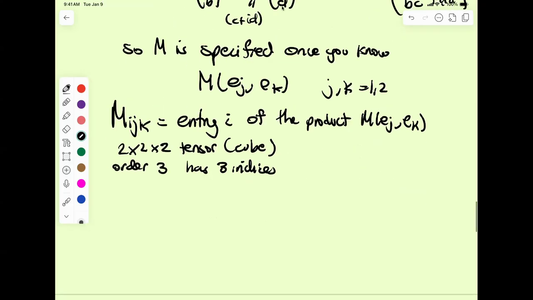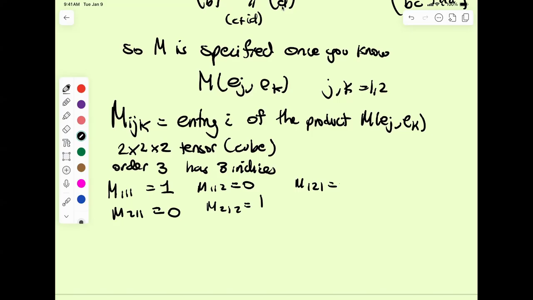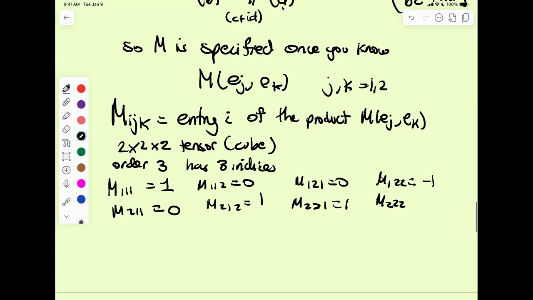So you can check that the entries are M111, which is 1, M211, which is 0, M112, which is 0, M212, which is 1, then M121, which is 0, M221, which is 1, and then M122, which is -1, and M222, which is 0.